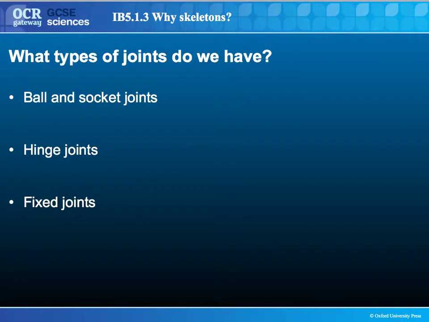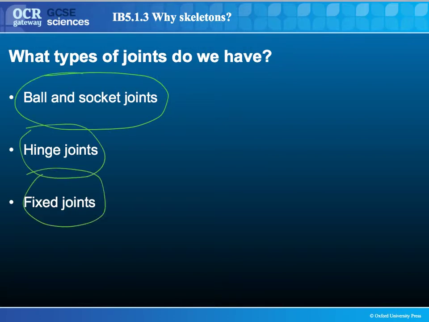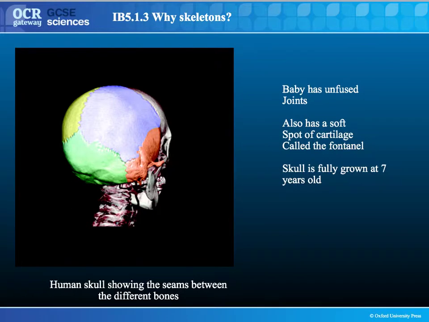We're now going to move on to different types of joints that we have. We've got 3 main types. We've got ball and socket joints, hinge joints, and fixed joints. First of all, out of those 3, we'll look at fixed joints. This is a picture of a skull, and here you can see that we've got plates on the skull.